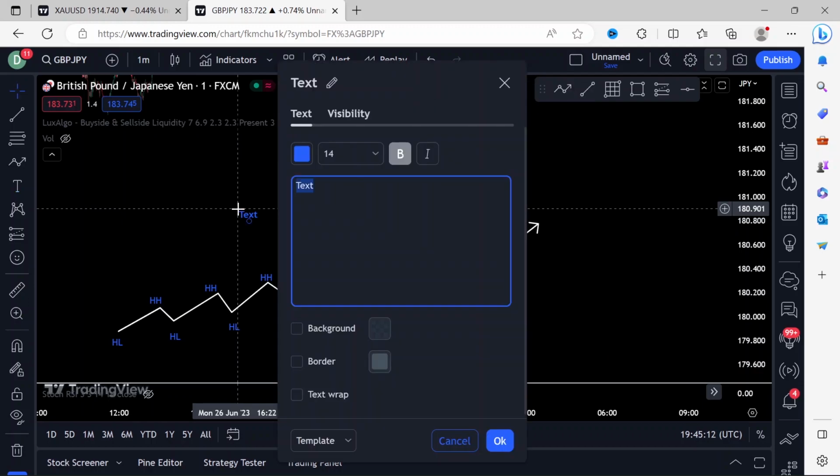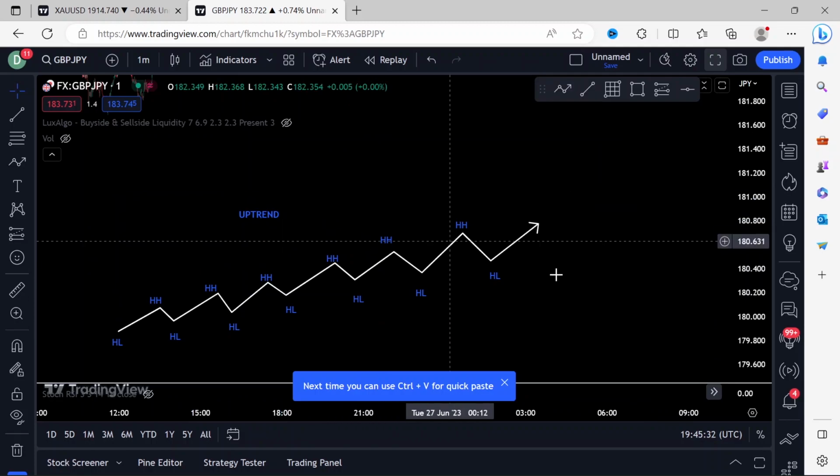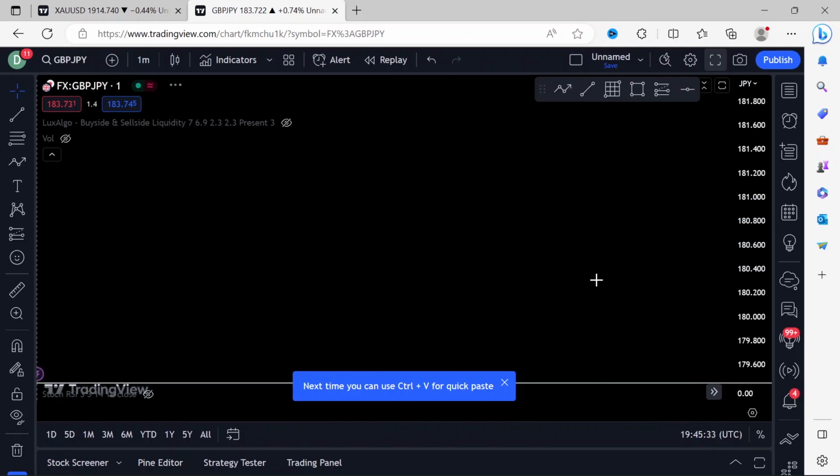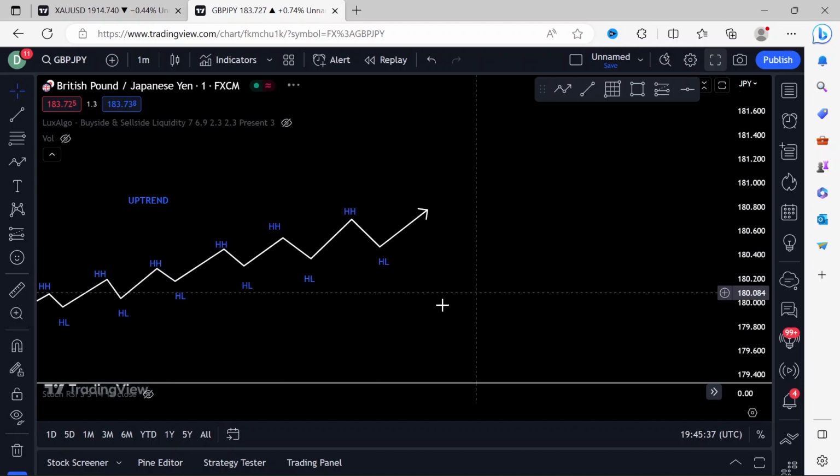Sometimes markets can be in an uptrend or a downtrend, or markets will be consolidating. So let's look at uptrend first. After that, we'll look at the rest, and we'll go to the chart itself to find real time examples. So in an uptrend, you can see the market is bullish.